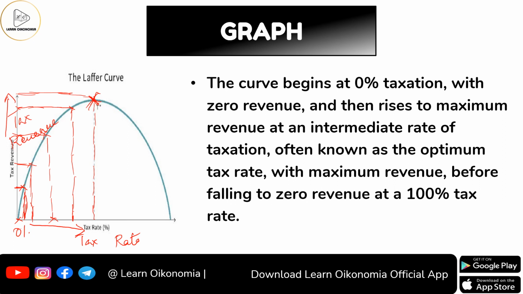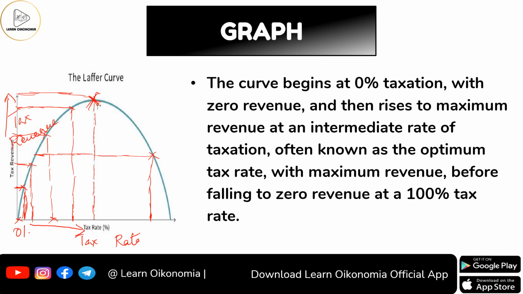But what is happening after this point? Let's consider any other point after this particular point on the Laffer curve. Let the point be here. If you take this point, you are having a tax rate which would be here, and what is the corresponding tax revenue that you are having here? Only this much. That means your tax revenue is falling.